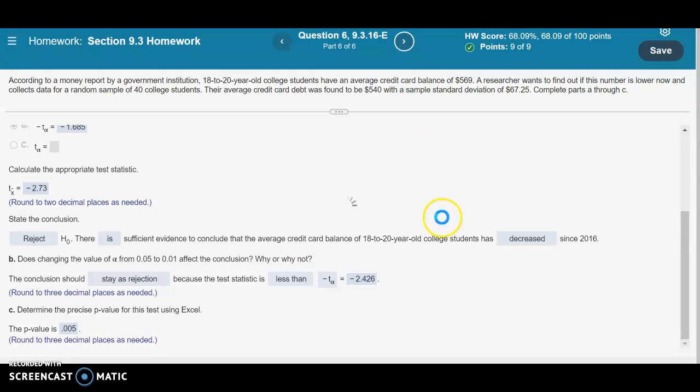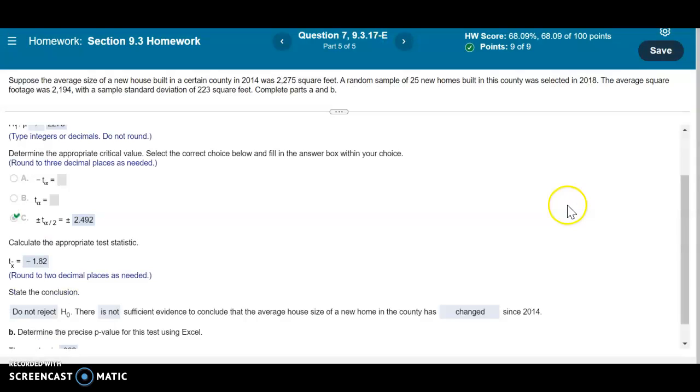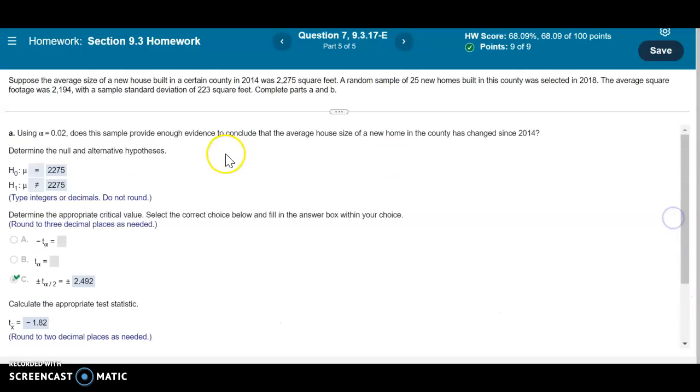Okay, I have not finished question 7, but I will get it started here. The equal and not equal to hypothesis is a little bit easier to set up because you have to look at the question. Does this sample provide enough evidence to conclude that the average house size has changed?